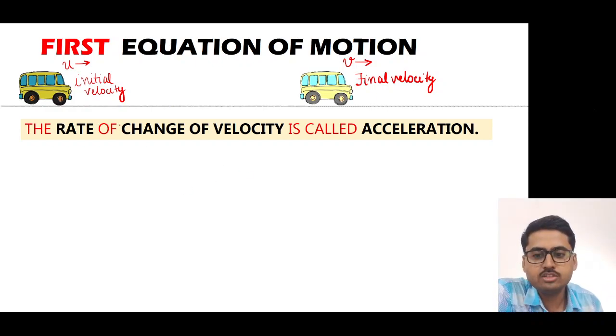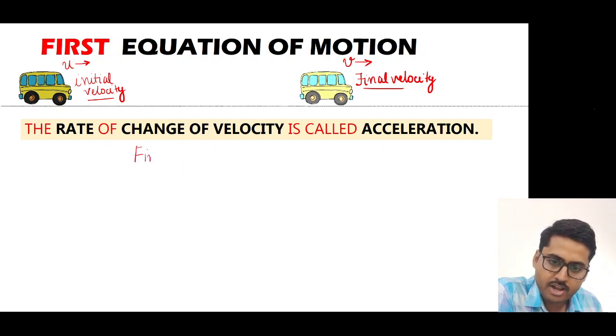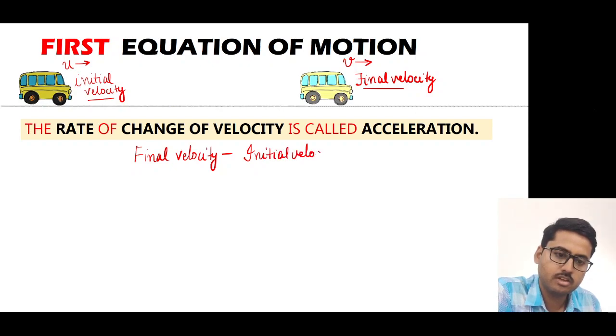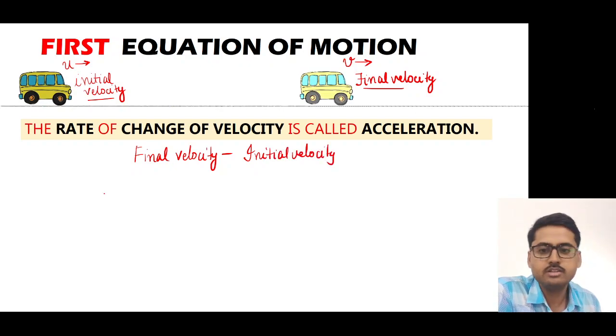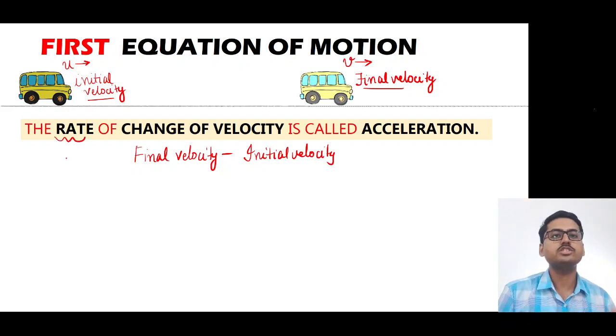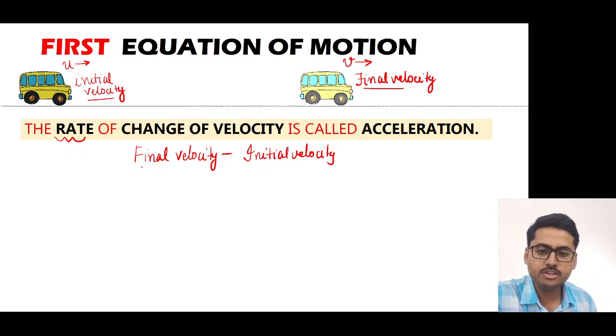So what is change of velocity? You can see the final velocity is V and the initial velocity is U. So the change of velocity is nothing but final velocity minus initial velocity. And rate means how fast the change of velocity is happening. That is why we need to divide this whole term by time.